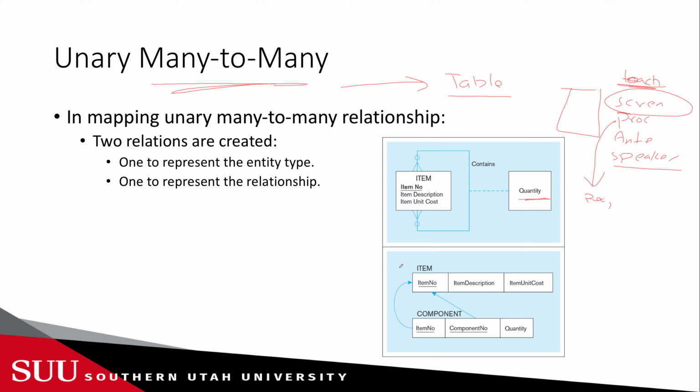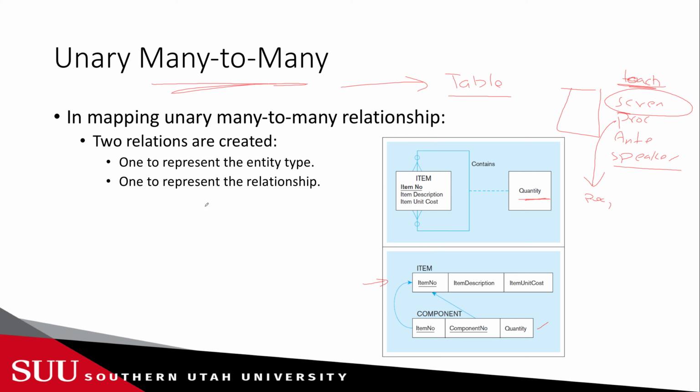Now the one for the relationship will have the primary key based on the entity. Now, why do I have component number and item number both referring to the item here, and I have quantity? Let's try to fill some data and see.